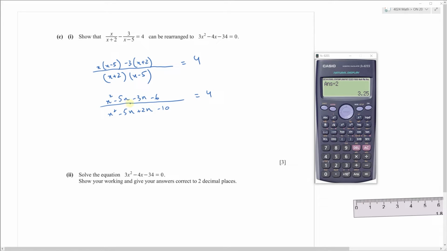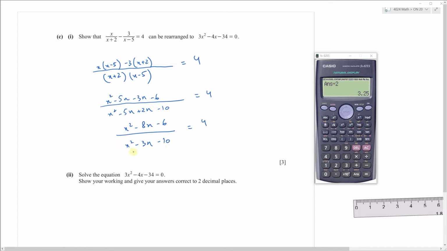Minus 5x minus 3x, this will become minus 8x, minus 6 divided by x squared minus 3x minus 10 equals 4.